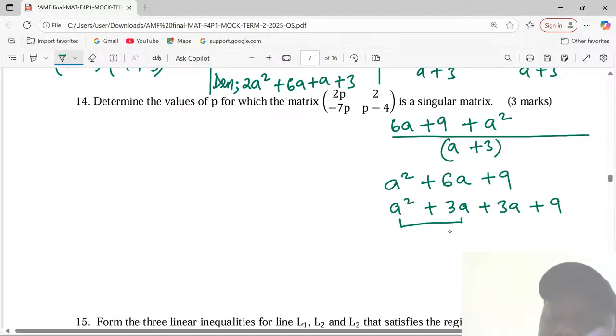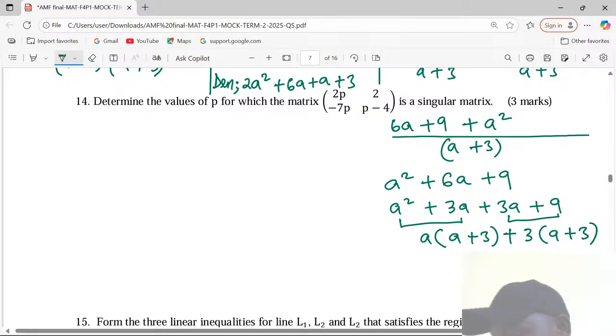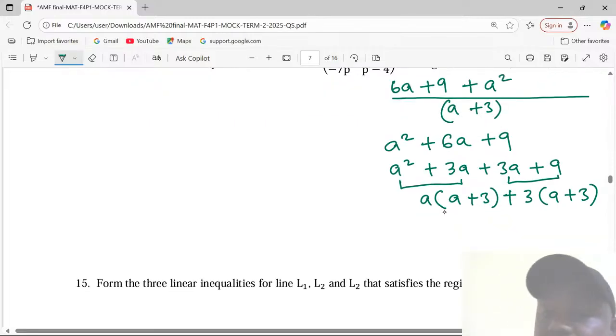From the first two, we factor out a, we remain with a plus 3. And in the last two, we factor out 3 to remain with a plus 3. So from the brackets, we are having a plus 3, and outside the brackets, a plus 3.